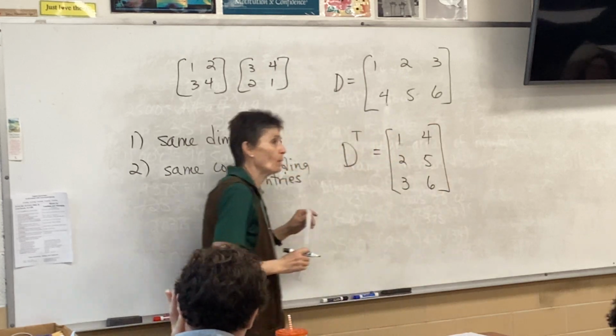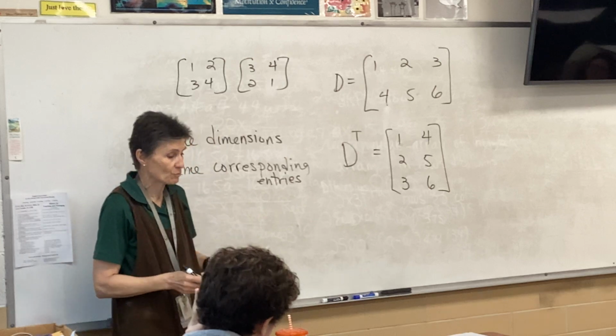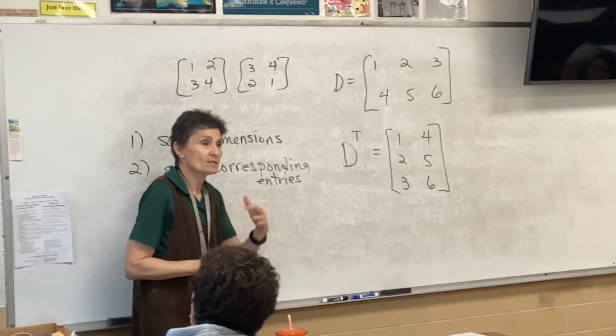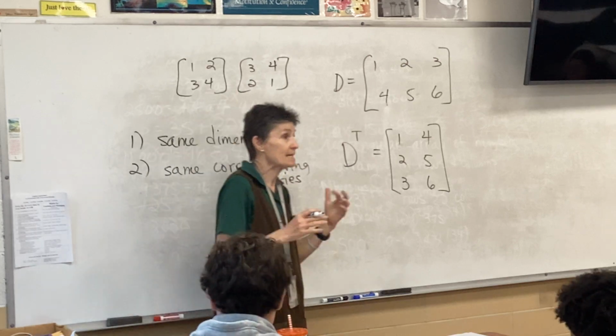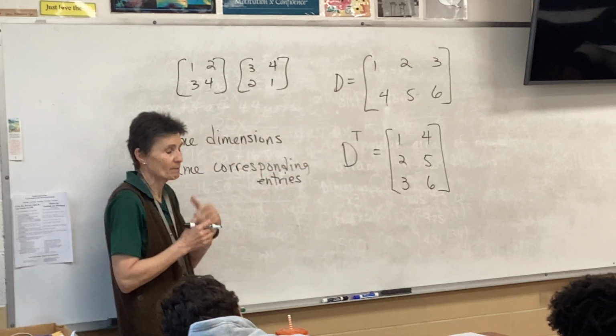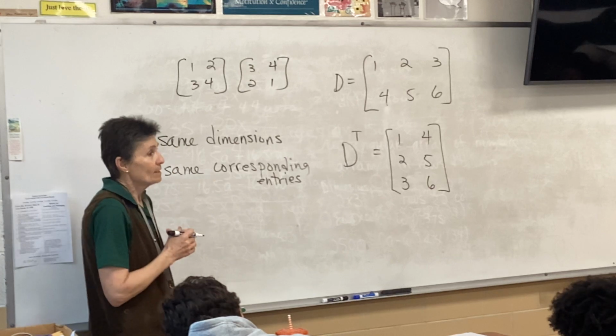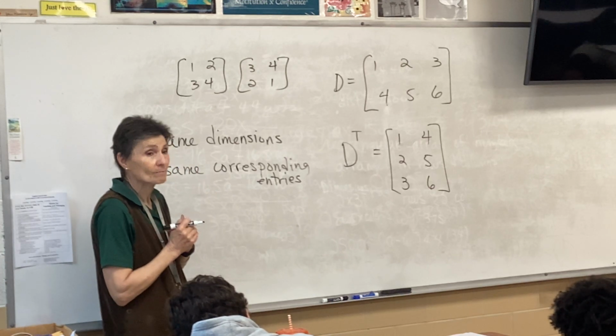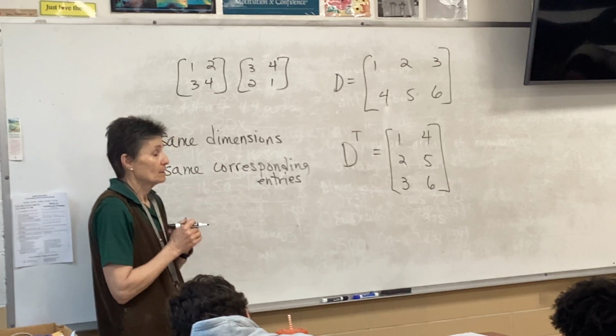So tell me what the transpose of a matrix is. How do we build the transpose? We switch the rows and columns. Normally we say interchange the rows and columns, but if you say switch, I'm good with that. What was row 1 becomes column 1, and so on.